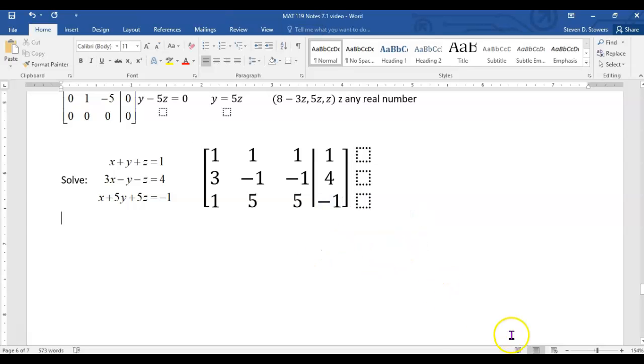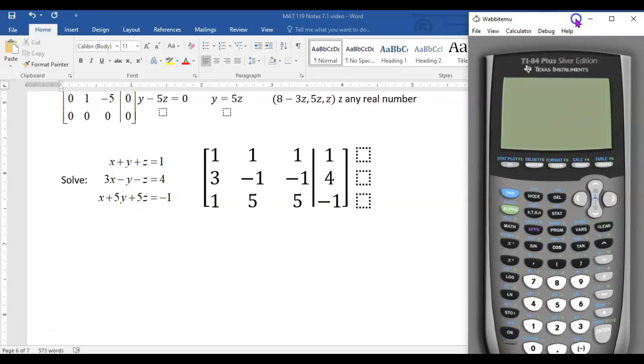And I'll just go ahead and do this one on the graphing calculator. So I'm going to enter this matrix into the calculator as matrix A, which is still a 3 by 4 matrix. And so I'm going to put in the numbers 1, 1, 1, 1, 3, -1, -1, 4, 1, 5, 5, -1.